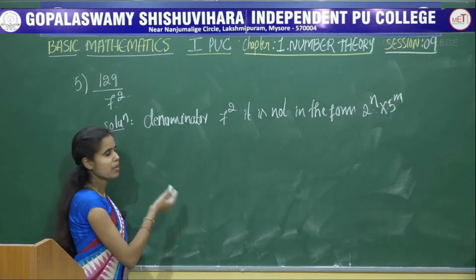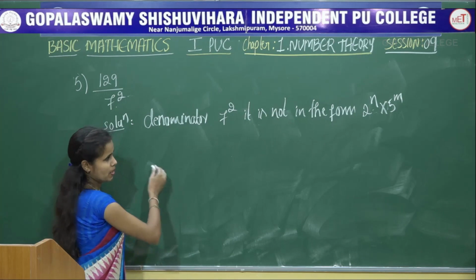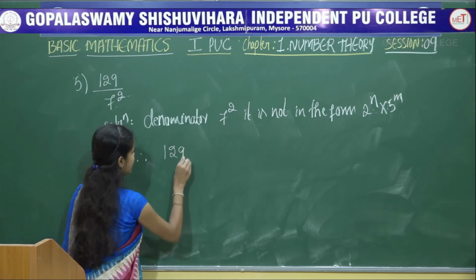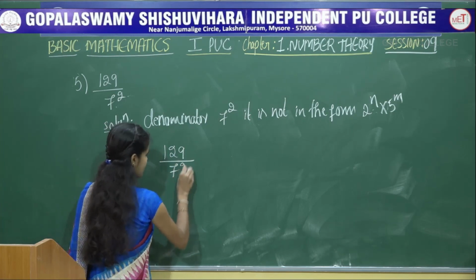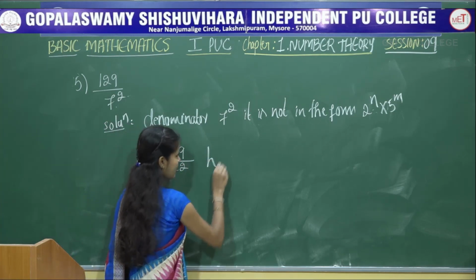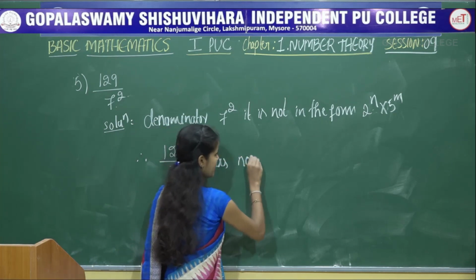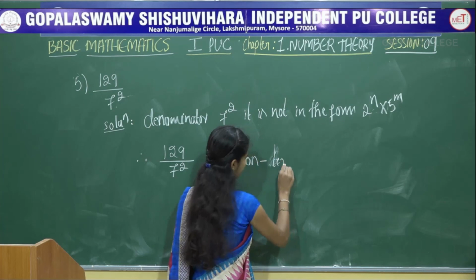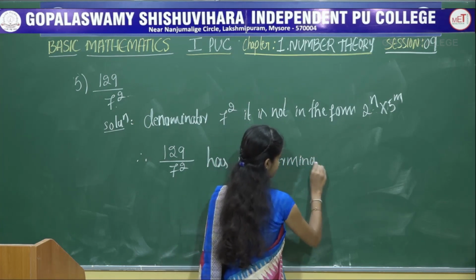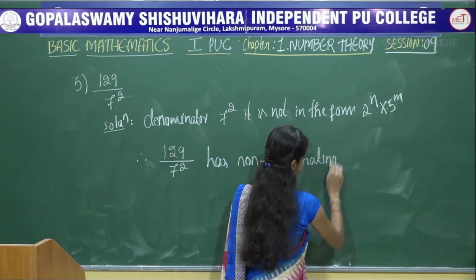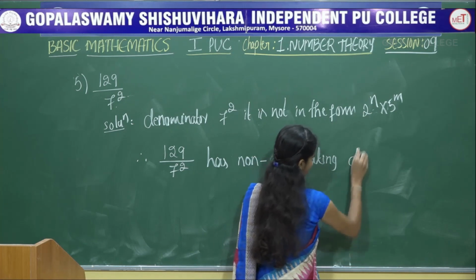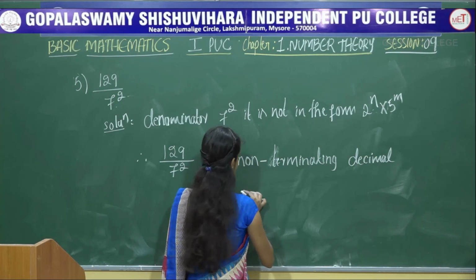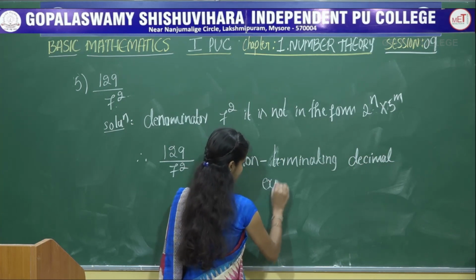It is not in the form of 2 to the power of n into 5 to the power of m. Therefore, the given rational number 129 divided by 7 square has a non-terminating decimal expansion.